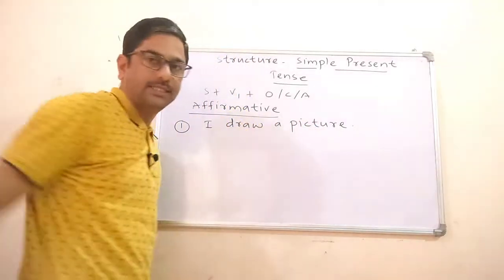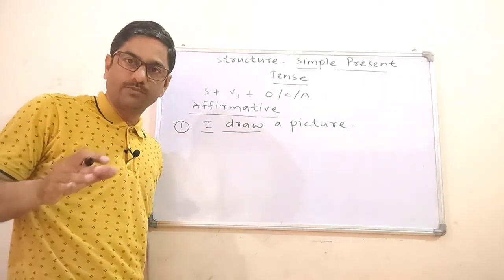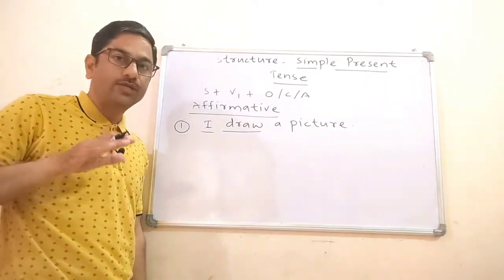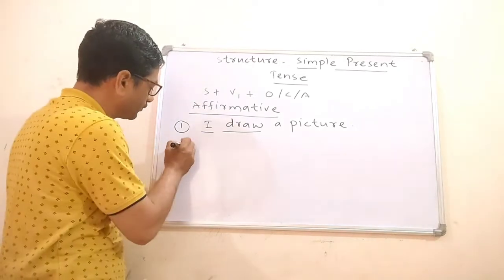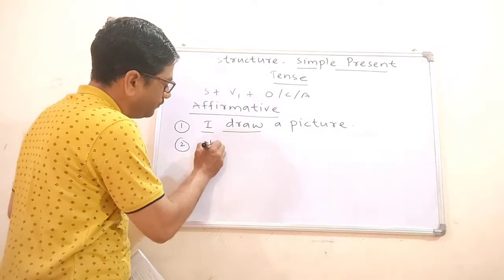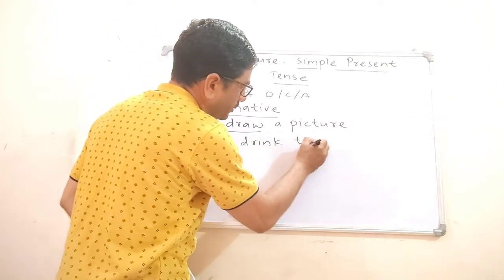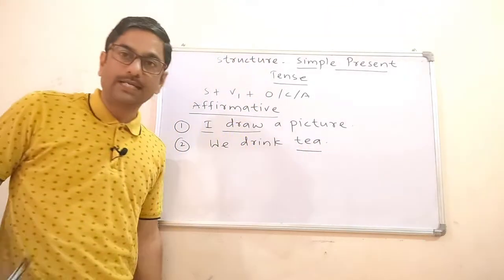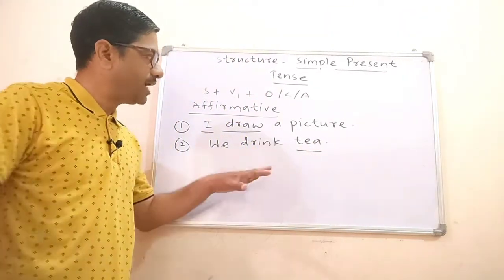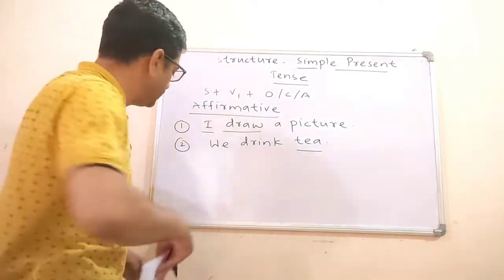In this sentence, the subject is I, so this is the V1 form of the verb, the base form. We drink tea. Tea is an uncountable noun, that's why we haven't made use of any article before tea.